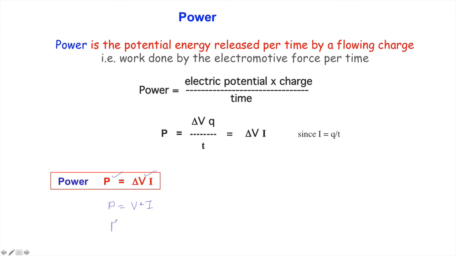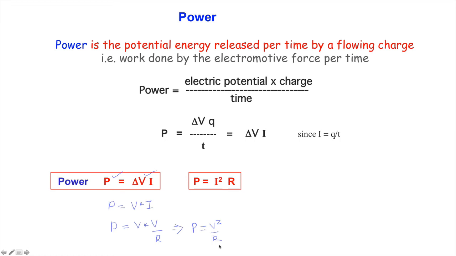So then you may also find P as V multiplied by current, and we know that current is V over R. So you can also find power as V squared over R. Okay. You remember what was the SI unit of power? The SI unit of power was watt.